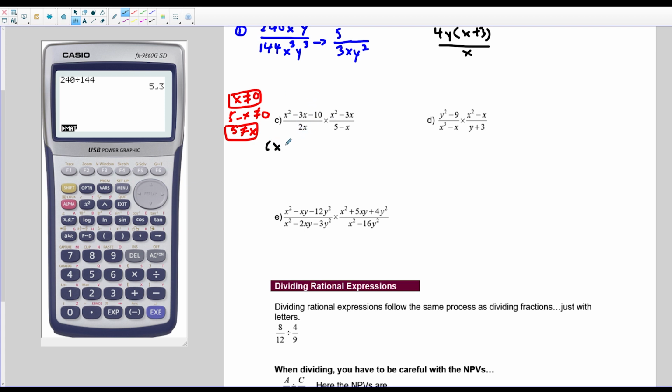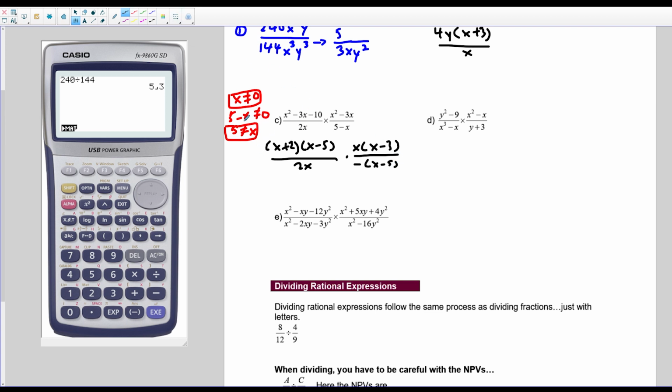So what we can do here is factor this out as x plus 2, x minus 5. I have the 2x on the bottom. I'm multiplying this by x minus 3 up top. And then I can factor out the negative on the bottom, so I can factor this out as negative x minus 5, like we did in previous examples.